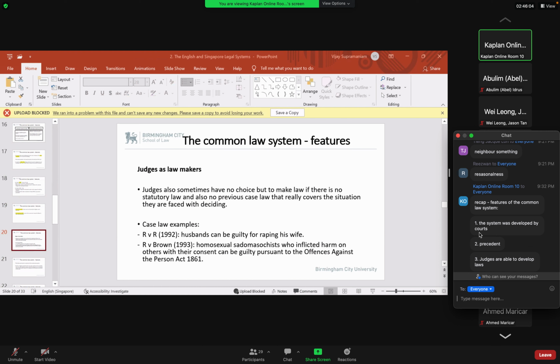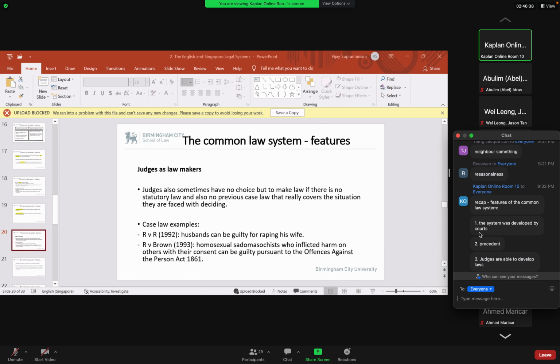Okay. Now, let's talk about judges as lawmakers. It is very important for us to address this issue. It's important for you to understand that judges must have the ability to make law because this system was created by them.